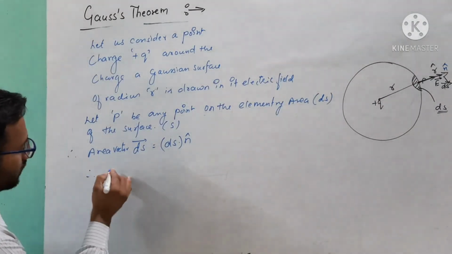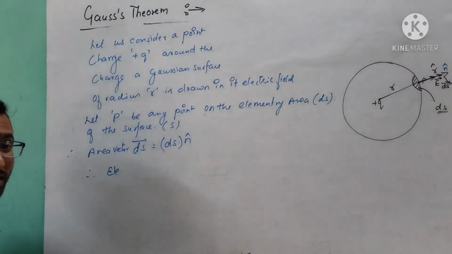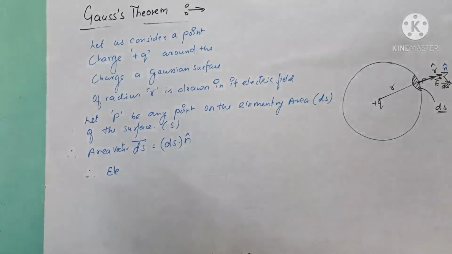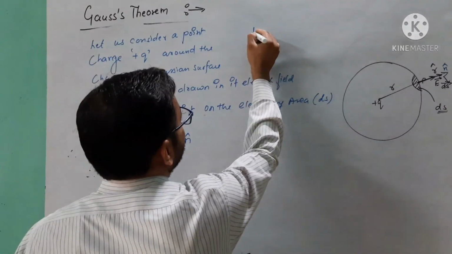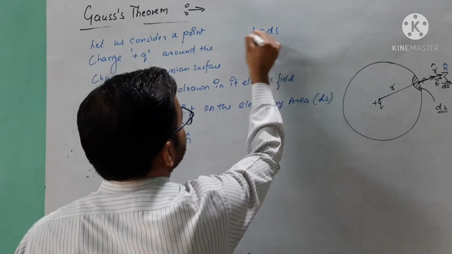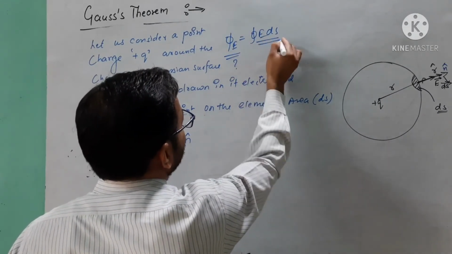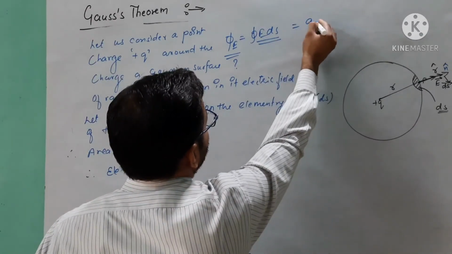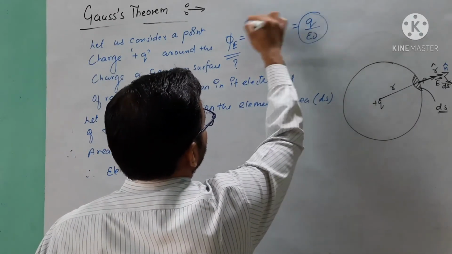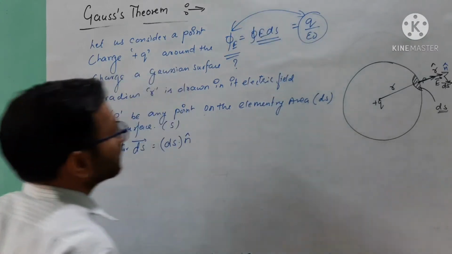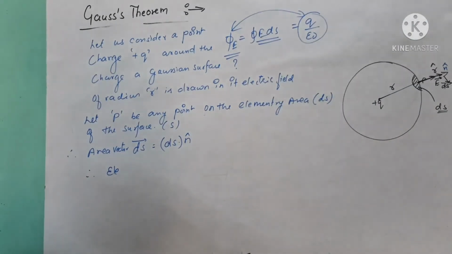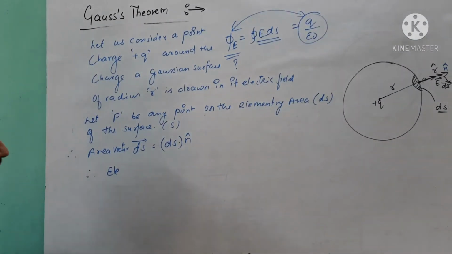Therefore we are calculating here the electric flux. First we know that the electric flux phi E is the surface integral of E dot dS. With the help of this we will prove the relation Q over epsilon naught is equal to phi E. This is the final conclusion of the calculation.